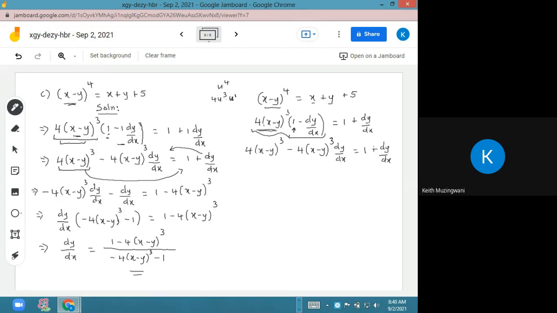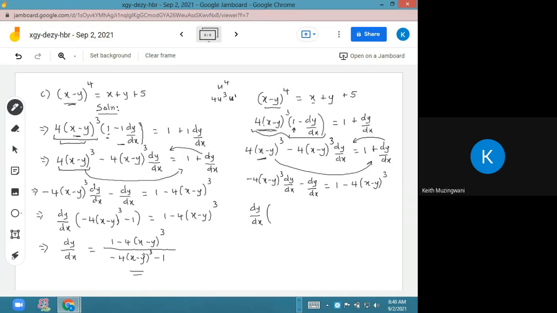And then we take this side and this one the other side. So nothing will change as we take the other side. We'll have negative 4(x minus y) to the power 3 dy/dx minus dy/dx is equal to 1 minus 4(x minus y) to the power 3. Then we factor out dy/dx.